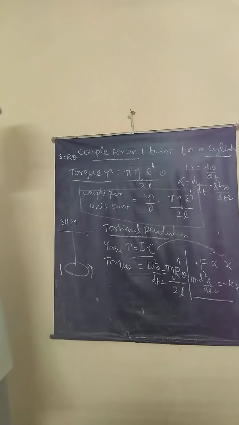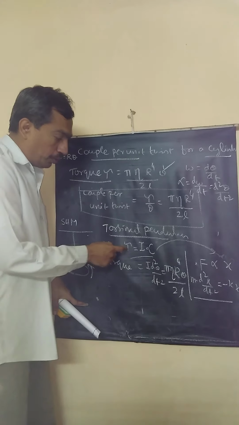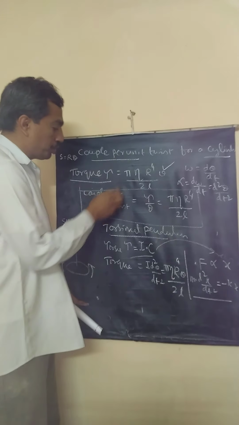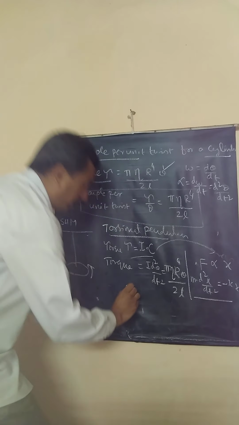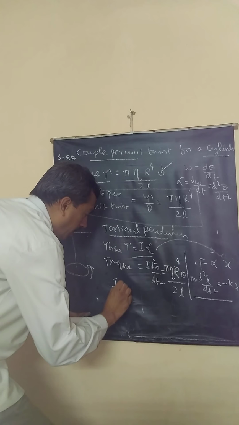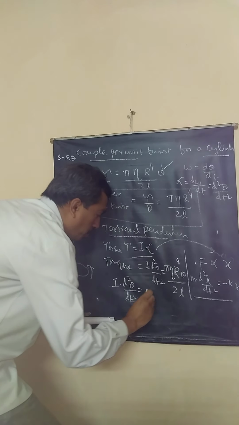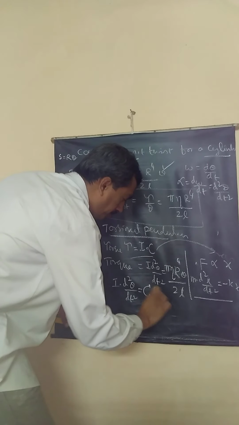Correct? Look at this expression. Torque is equal to moment of inertia into angular acceleration. And we have also shown torque is equal to this expression. So now I just write like this: I into d square theta by dt square is equal to a constant c into theta.